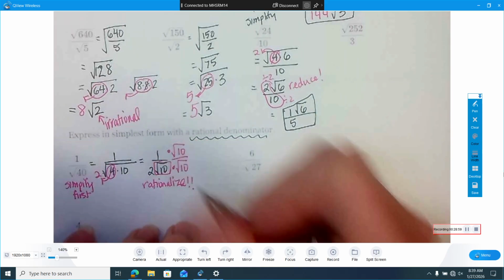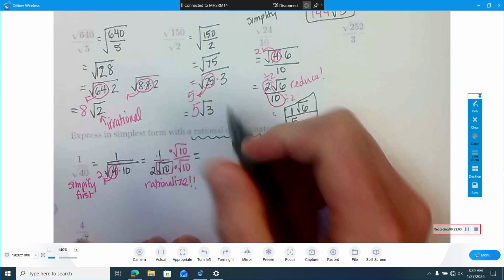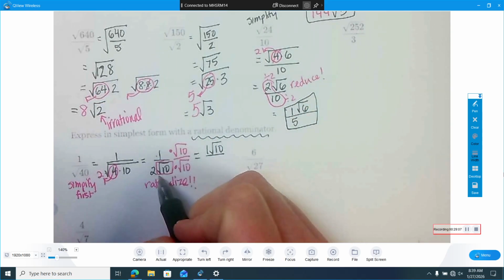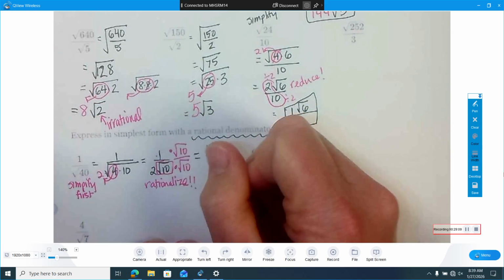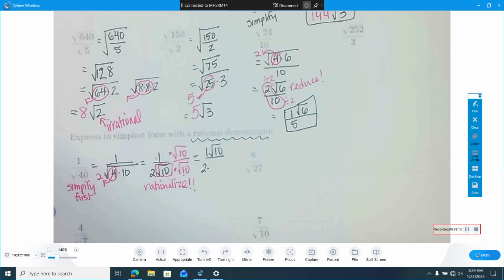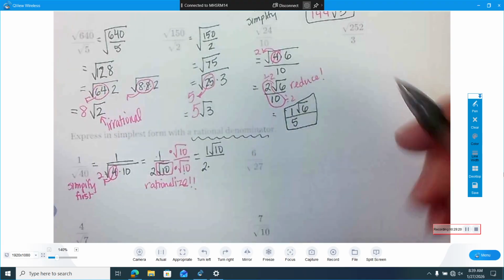All right, now what happens here? In the numerator, 1 times radical 10 is 1 radical 10. Here we have 2 times, what's radical 10 times radical 10? Let me see, I'm going to write over here.